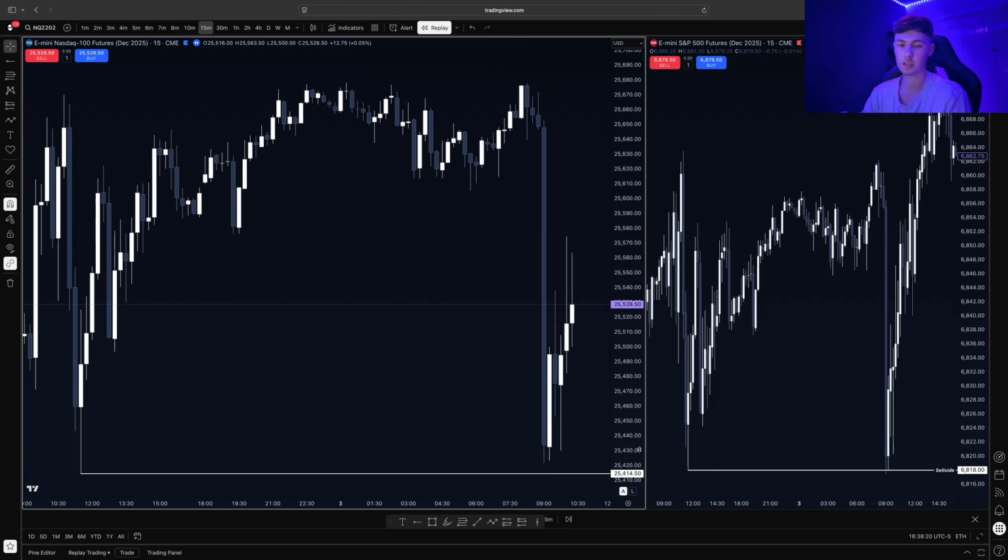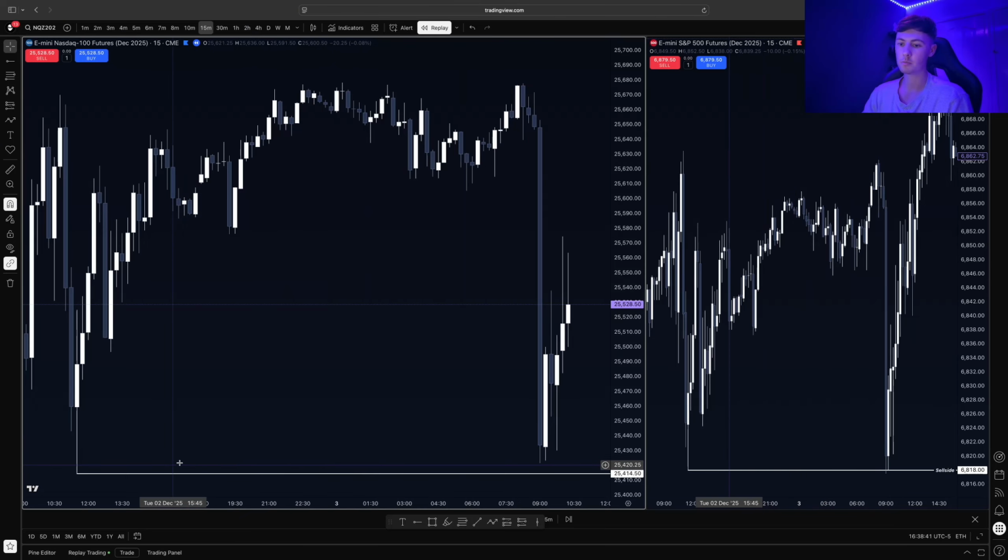This is specifically called SMT divergence, where one asset between NQ and ES will sweep the liquidity and the other asset will hold below or above, depending on whether it's a swing high or swing low. So even though these markets are usually correlated, always running the same highs, always running the same lows, whenever you are bullish and you see NQ not run the swing low, that is exactly what you want to see.